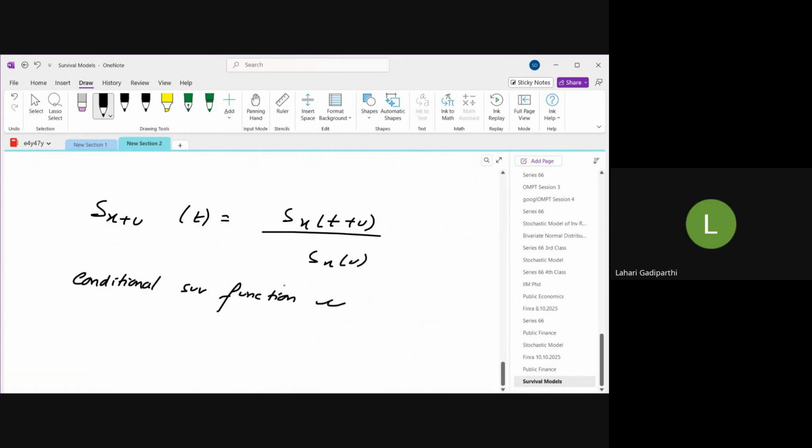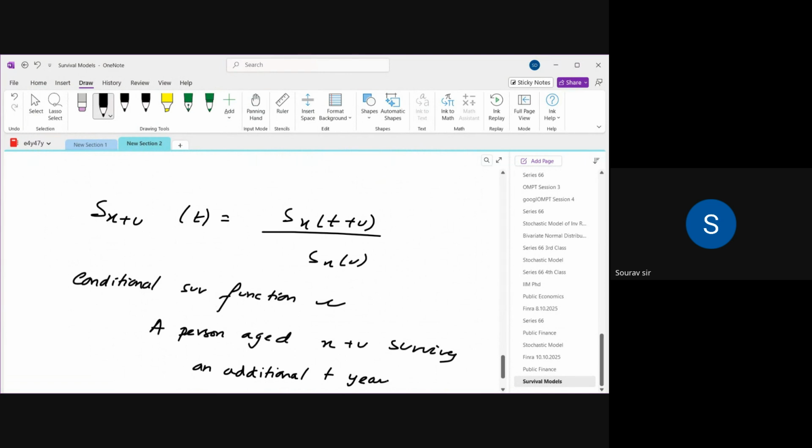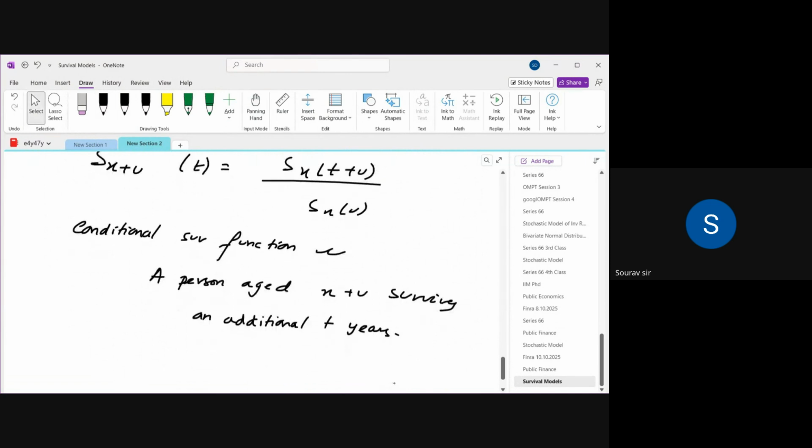It expresses the probability that a person aged x plus u survives an additional t years. That means a person aged x plus u survives another t years. It's equal to the probability that a person aged x survives t plus u years.